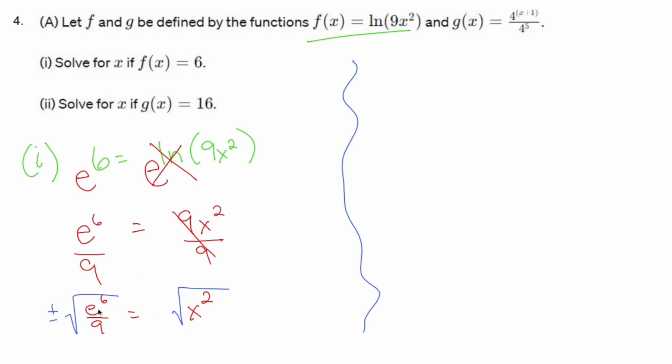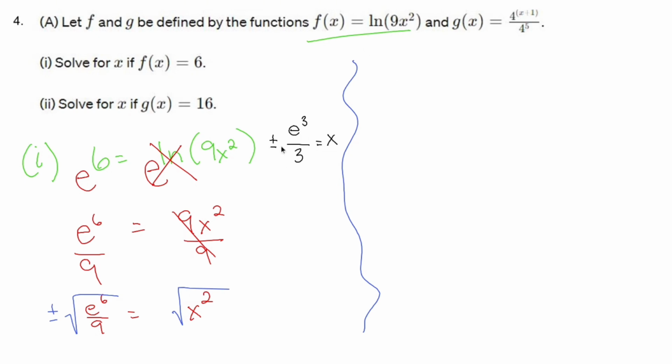The square root of e to the 6 is asking what times itself is e to the 6th? e to the 3rd. Easily, what times itself is 9? 3. And you have plus or minus e to the 3rd over 3 equals x. Wait a minute. Can I take this and plug it into that and have it work out?